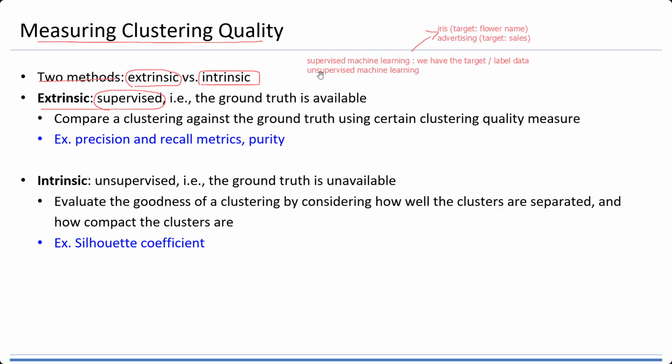But what is unsupervised? In unsupervised, we don't have any target. For example, the phone data. We have only the observations, only the information about camera and battery.